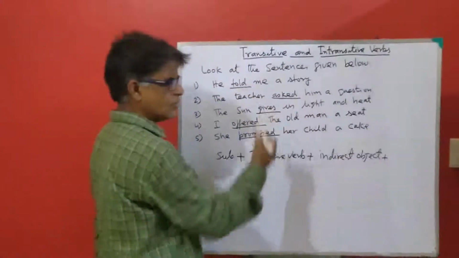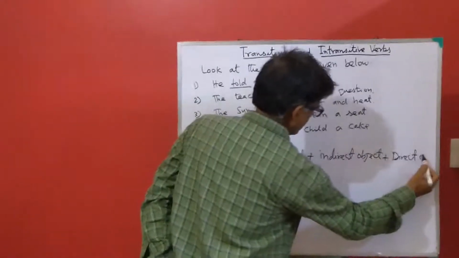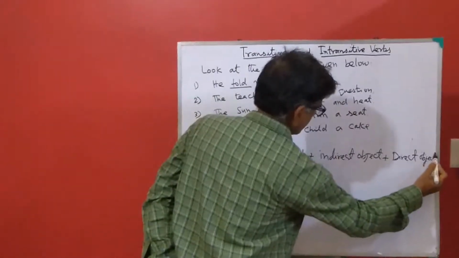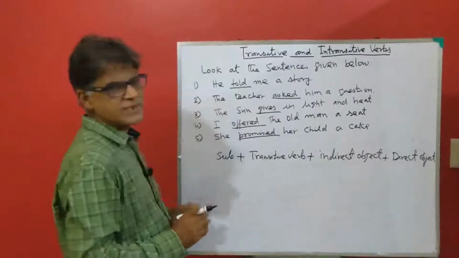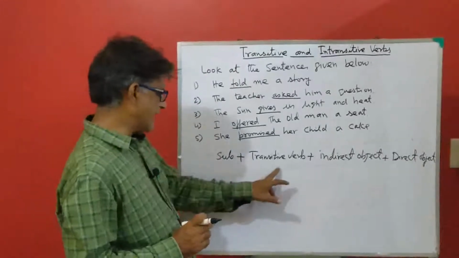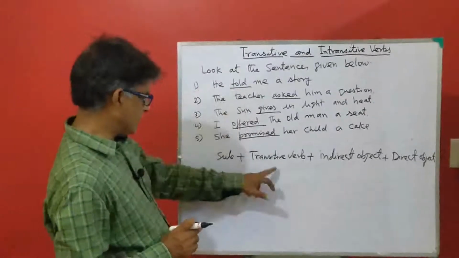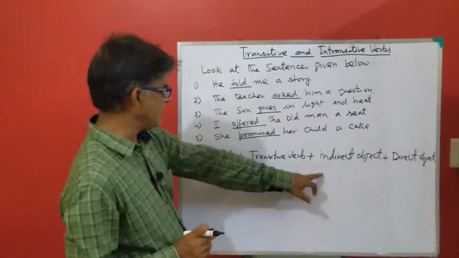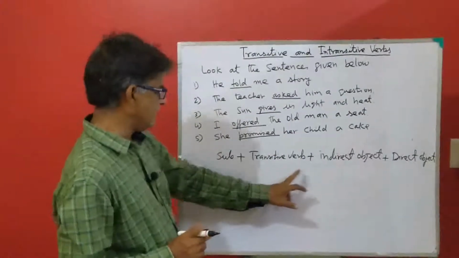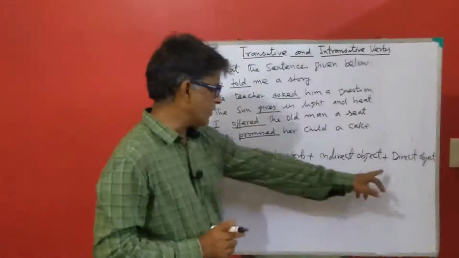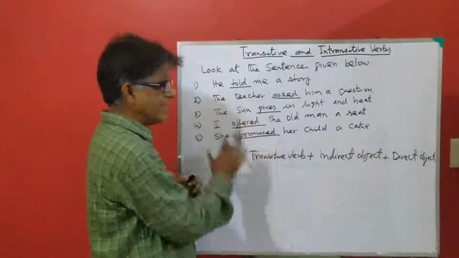Plus a story, direct object. So the sentence structure of all these 5 sentences will be like subject plus transitive verb plus indirect object plus direct object. So he, subject, told, transitive verb, me, indirect object, a story, direct object. The teacher, subject, asked, transitive verb, him, indirect object, a question, direct object. So in this way you can find indirect object and direct object.